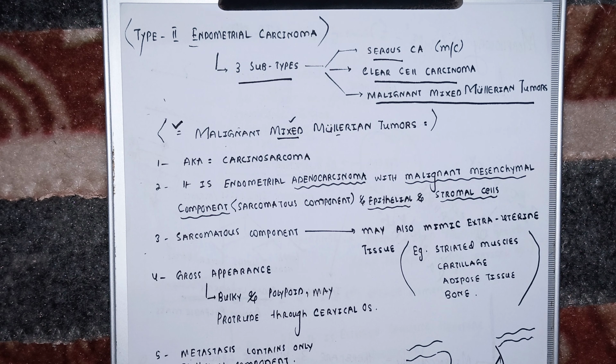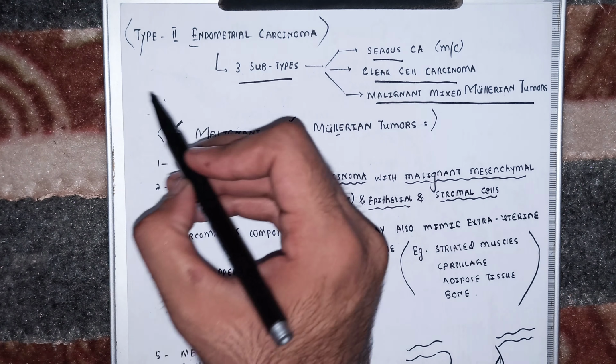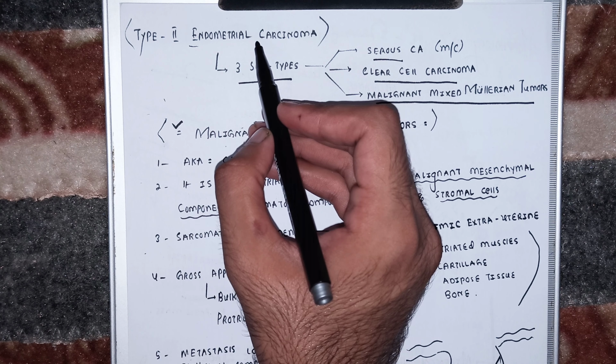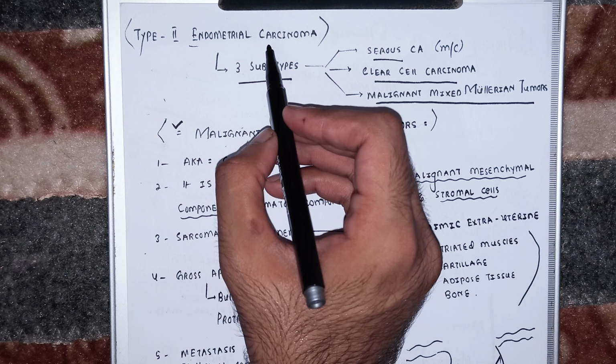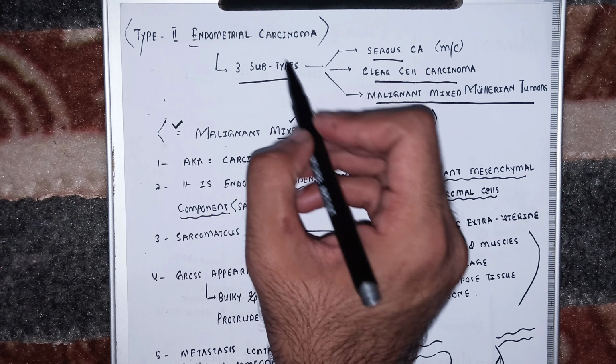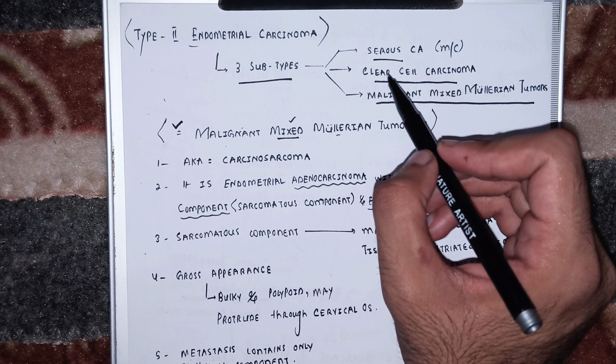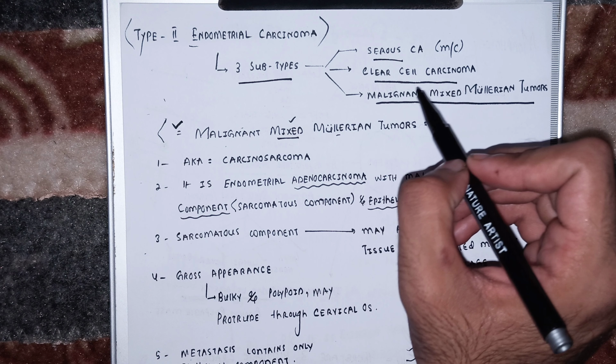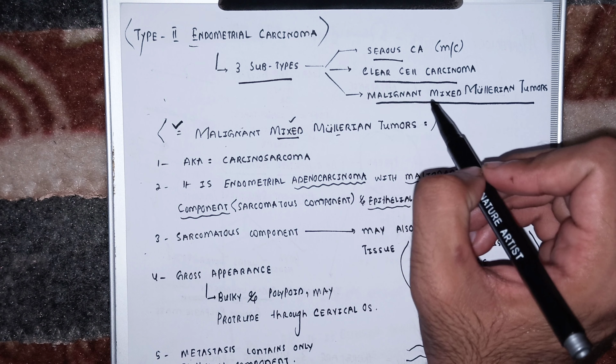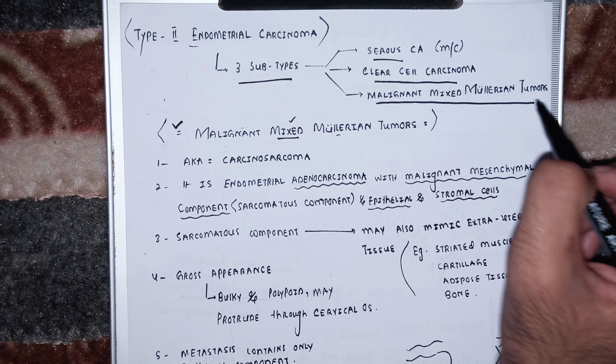Okay. Beta, let me first tell you that type 2 endometrial carcinoma has three main subtypes. One is serous carcinoma, another is clear cell carcinoma, and number 3 is malignant mixed Mullerian tumors.